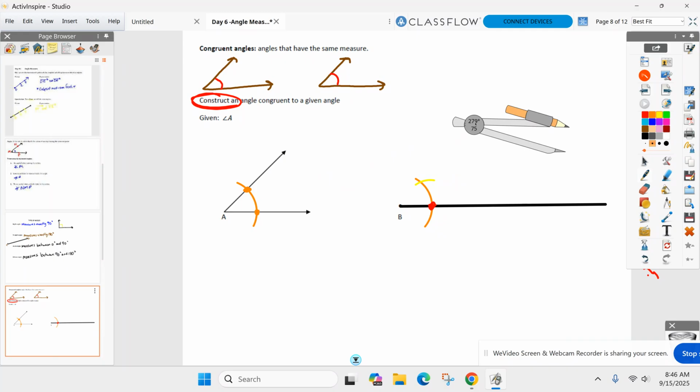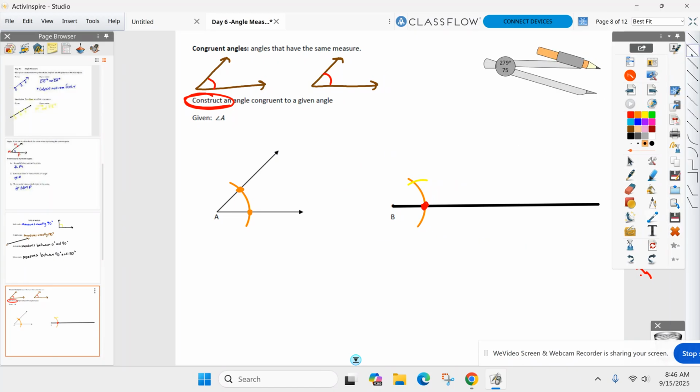All good? Okay, grab your straight edge and draw in the other part of your angle now. One part's your segment. Here's the other part. There's the other part.